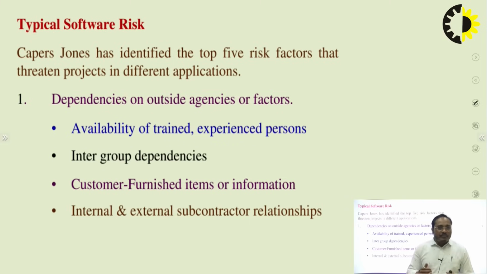If the person is more trained for developing the project, you are totally dependent on that particular person. Intergroup dependencies: if 2 or 3 or 4 or 5 groups are developing the project and some groups leave the project, then it will create a problem. Similarly, customer furnished items or information also cause problems for the project.